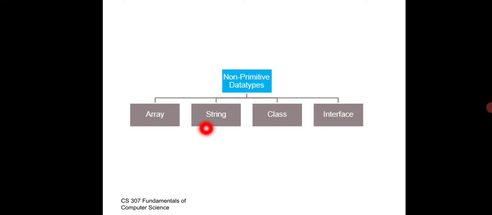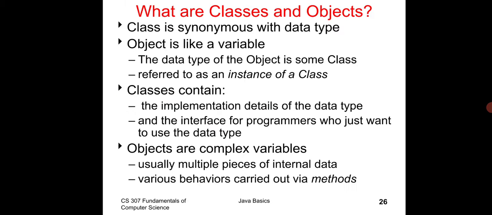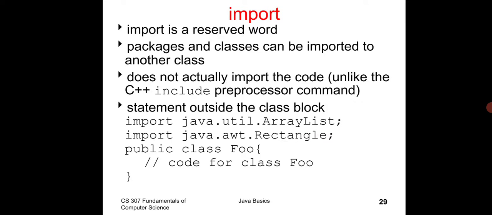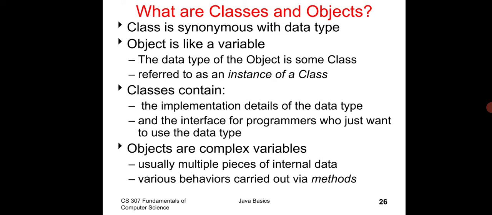The non-primitive types are array, string, class, and interface. Class and object: class is synonymous with data types. Object is like a variable.